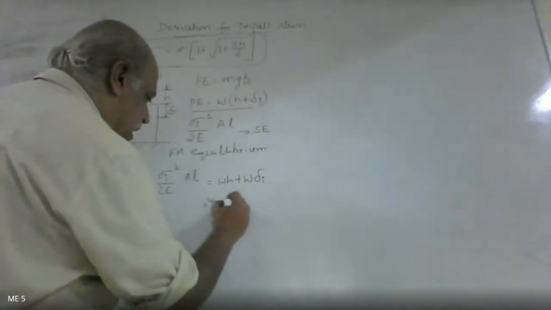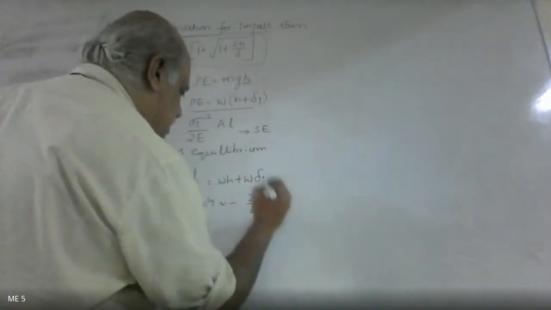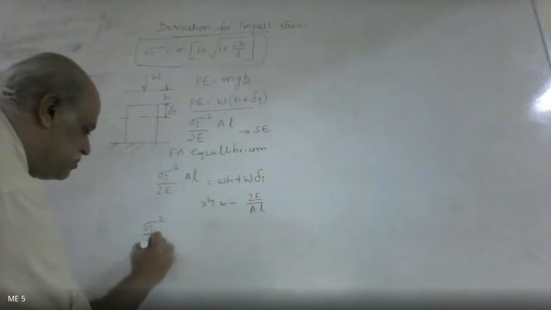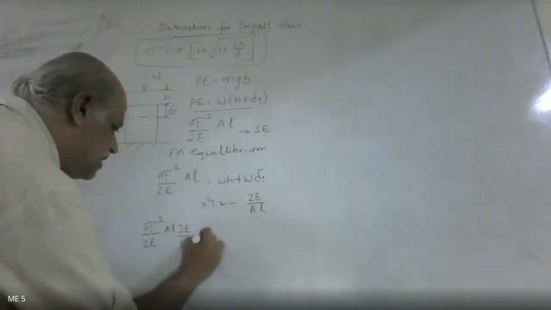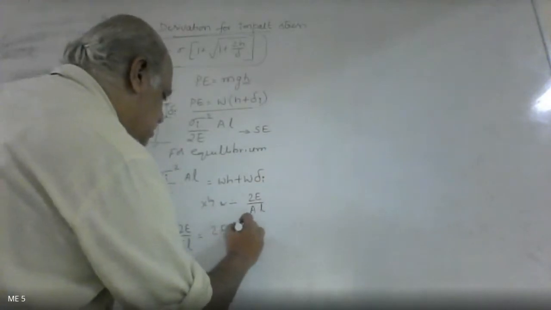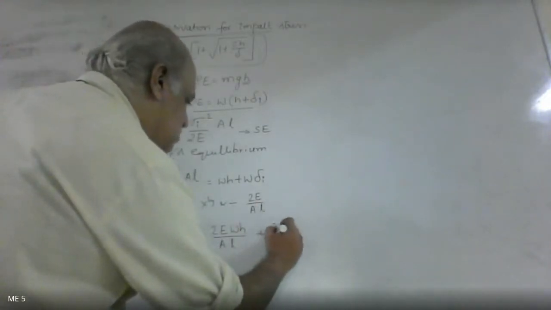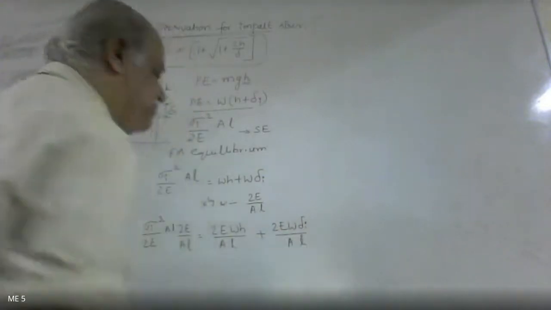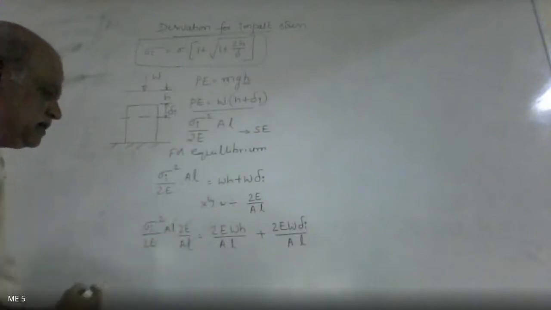Multiply and divide both sides by 2E by A into L. When I do that, on the left hand side we have sigma square by 2E into AL into 2E by AL, equal to 2E Wh divided by A into L, plus 2E W delta I by A into L. So 2E and 2E get cancelled, AL and AL get cancelled on the left hand side.